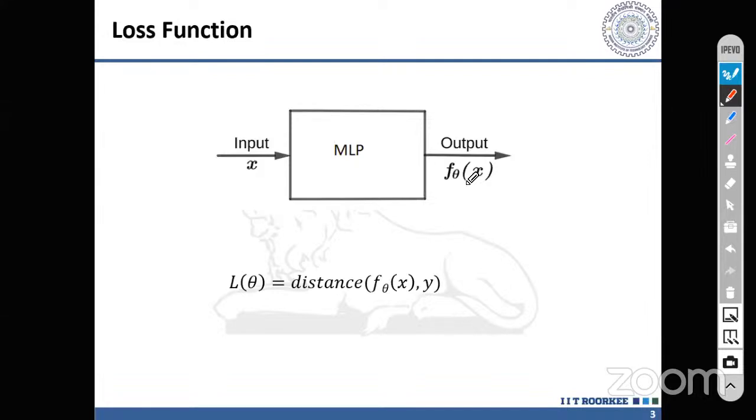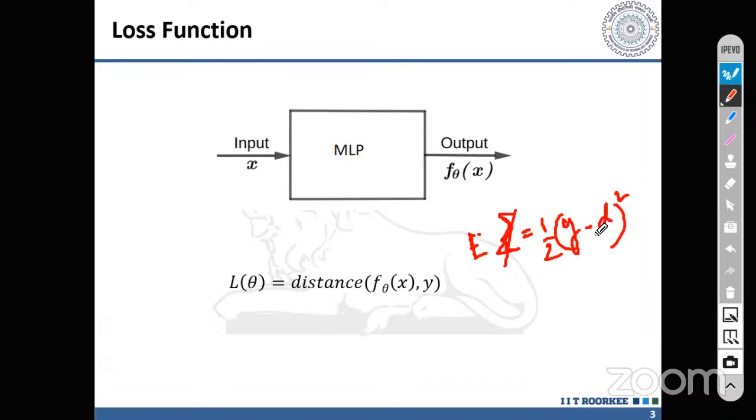Error functions means, what is the error? What is the prediction and what is the actual output? For example, we talked about error as half of (y minus t) whole square. So that was the error.